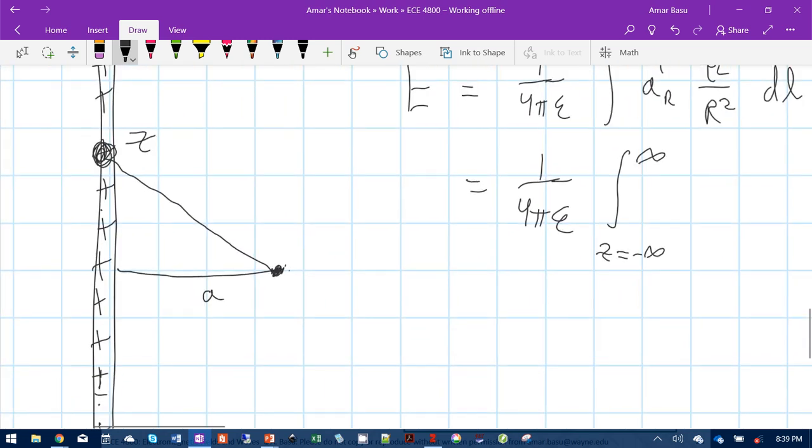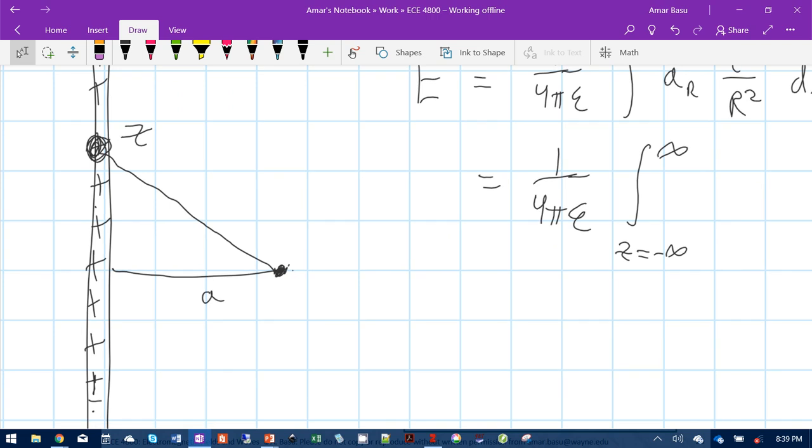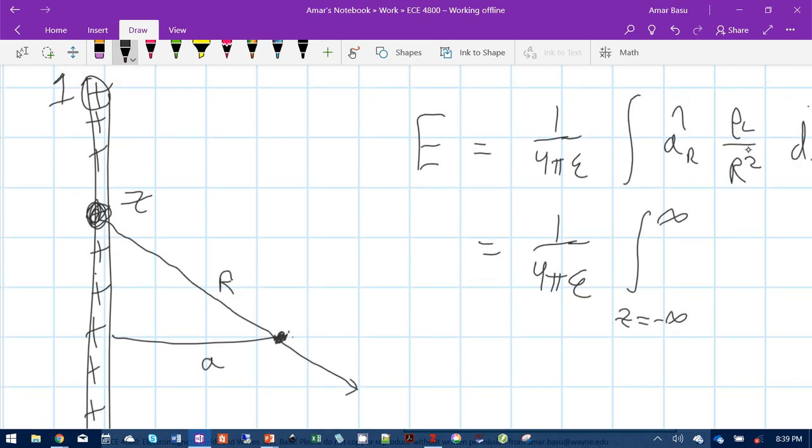I'm going to zoom in here for a second. So the electric field will obviously point in this direction. This is R. This is that vector R that points from where the charge is to the observation point. Now the formula is asking us to find AR.